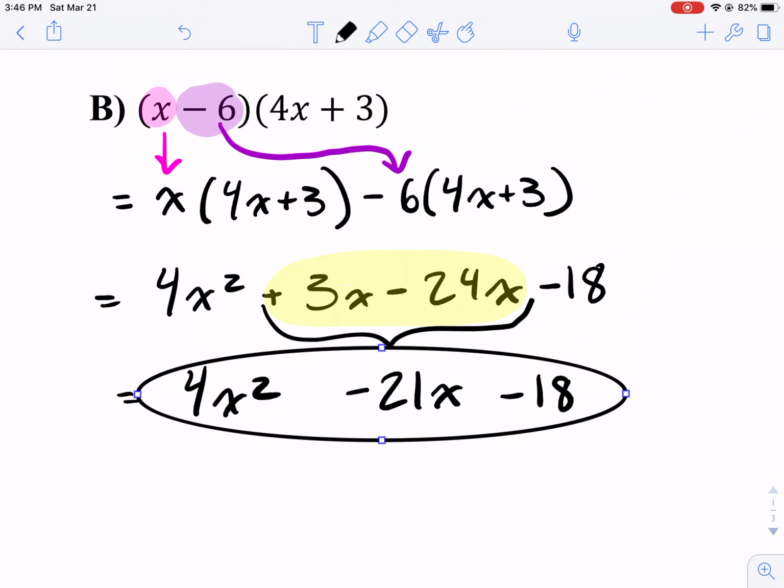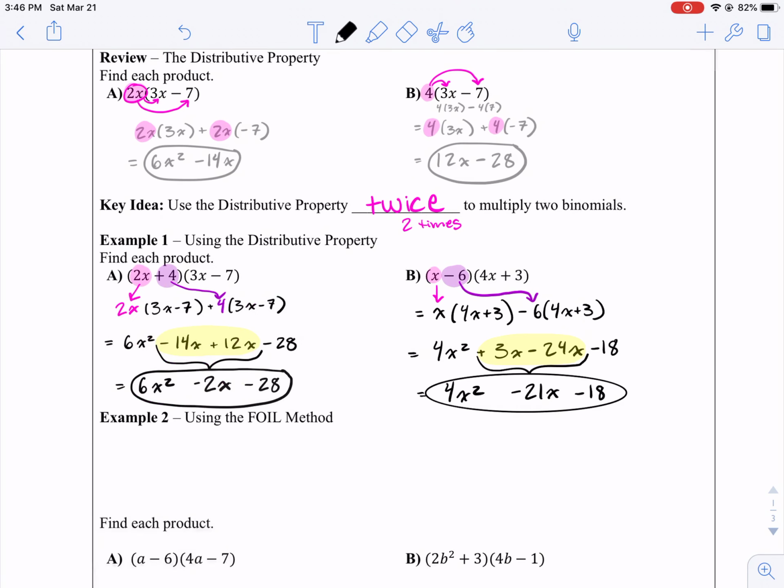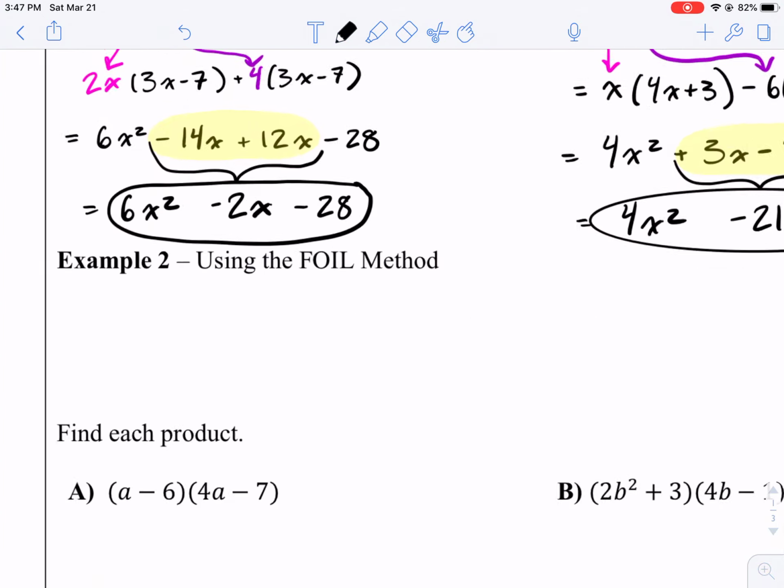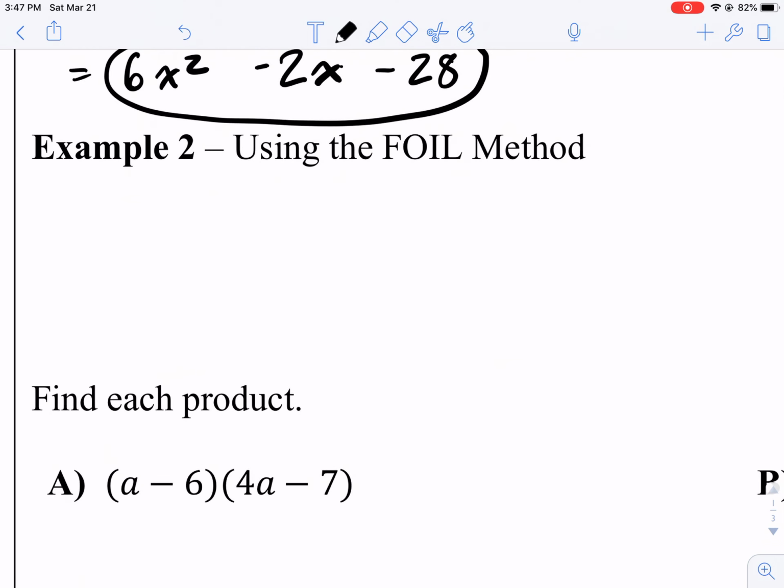So we did it. We multiplied two binomials together. Good job. So there are two ways actually to multiply binomials together. You could use the distributive property, but if that gets a little complicated for you, there's a word that helps us remember how to do this, and it's called FOIL. To use the FOIL method is basically you're going to multiply four things together.